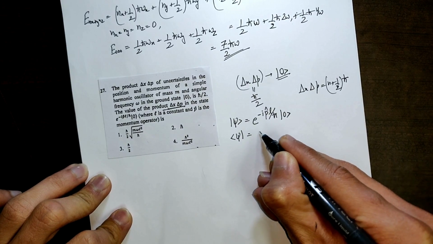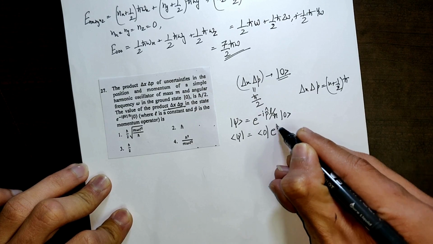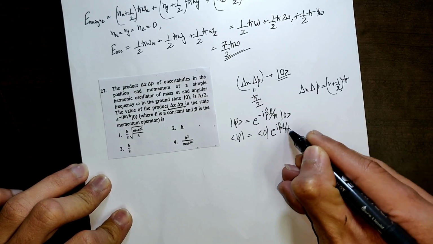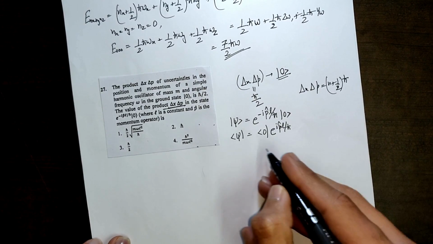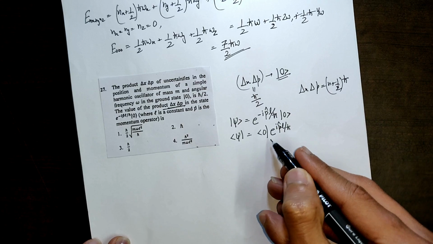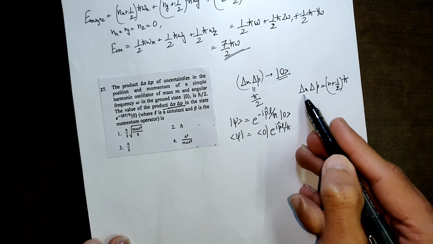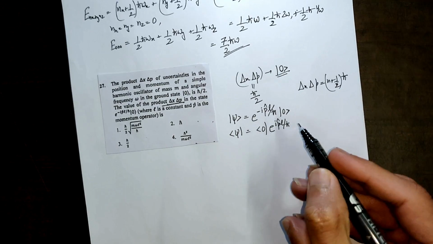That will be bra 0 e raised to power i p cap L by h cross. Now we can calculate the product delta x into delta p in this state.